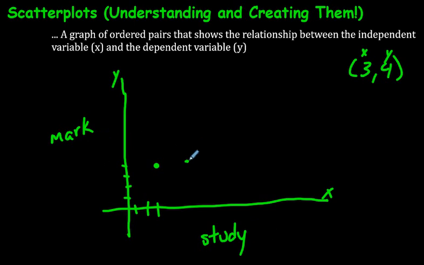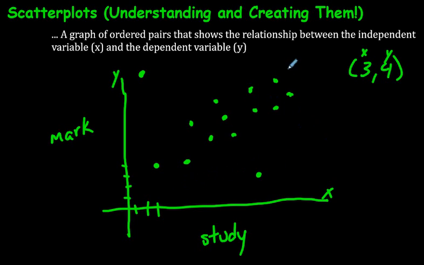Anyway, so what we're going to do is look at scatter plots. If there was a class and you saw that their scatter plot looked something like this, there might be somebody down here, somebody who got a very high mark. The people that didn't study as much would be the people down here on this side, and the people that did study more were the people on the right side.